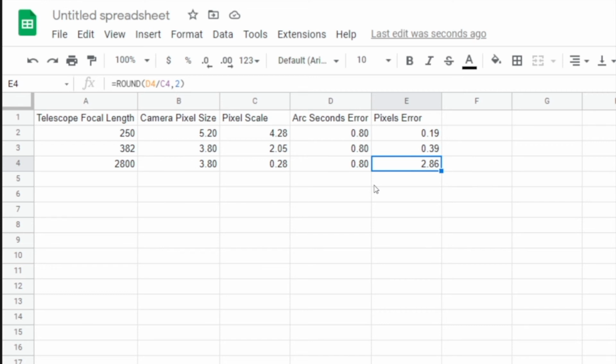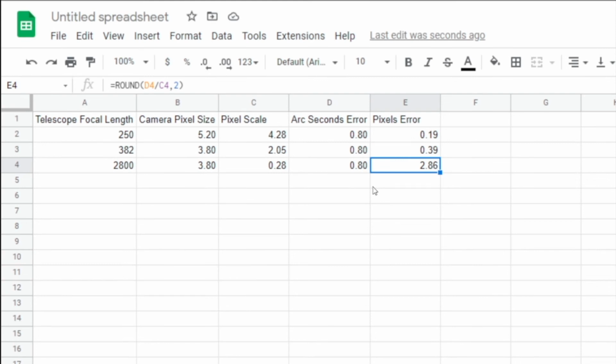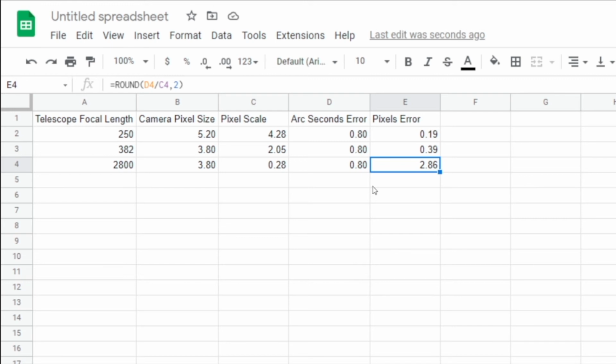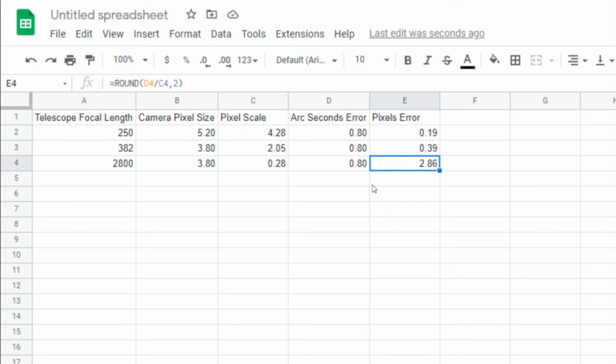A way that you can combat that a little bit is by reducing the exposure time on your telescope so that it's not tracking incorrectly for very long, and you don't end up with these elongated stars. But we'll talk about that a little bit more later.